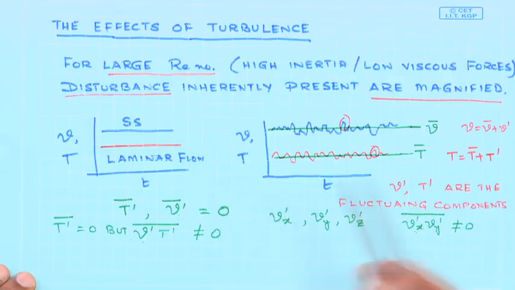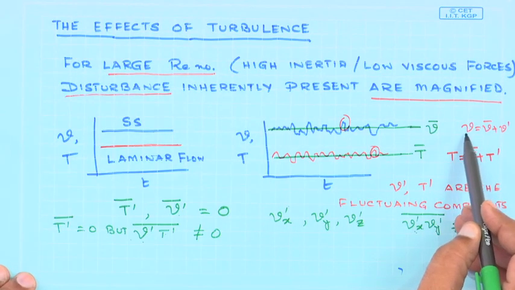I will not go into much detail, but you would probably know that the equation of motion can be expressed not just in terms of the velocity, but the instantaneous velocity. By instantaneous velocity, I mean this v.